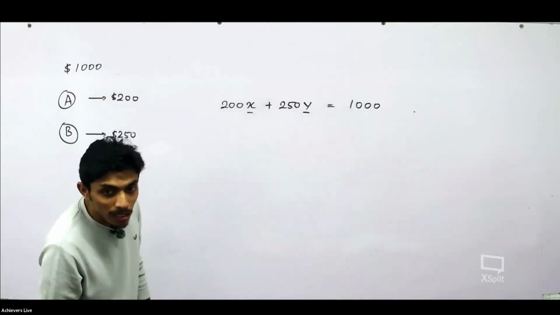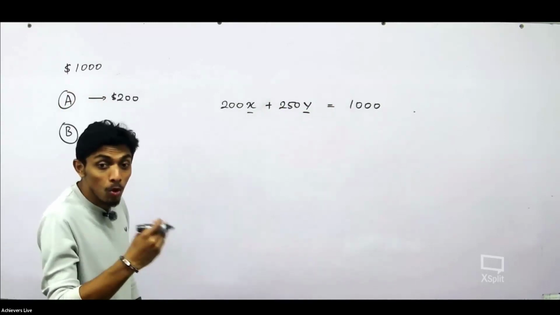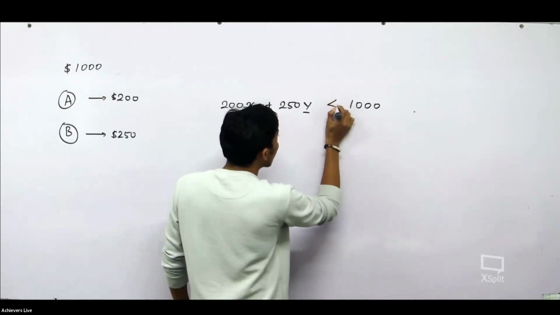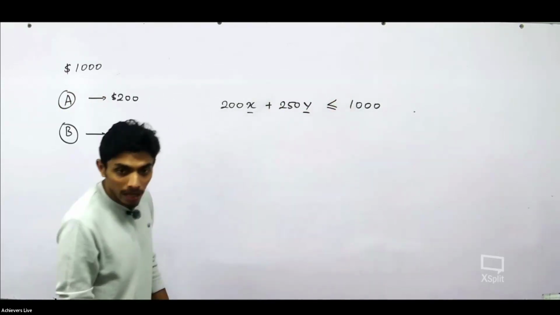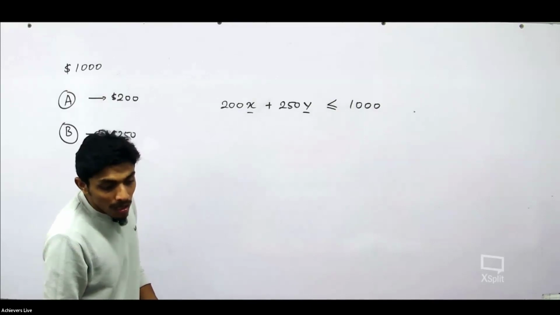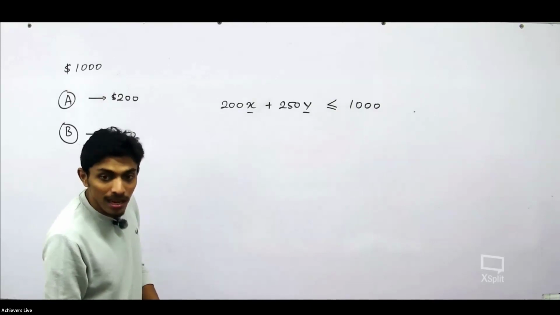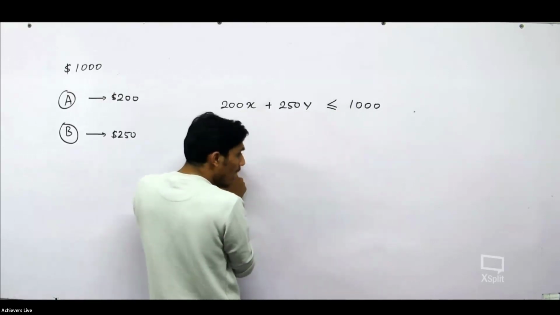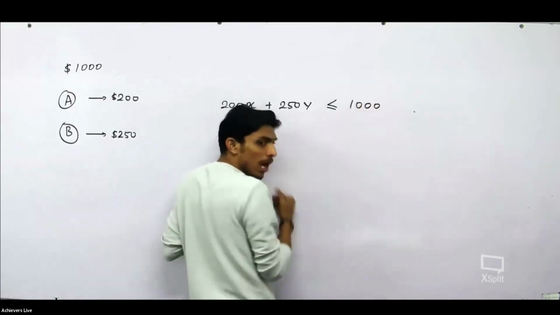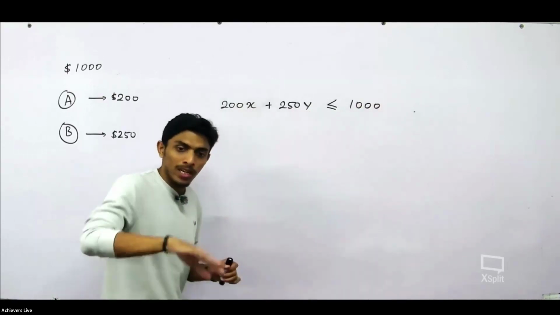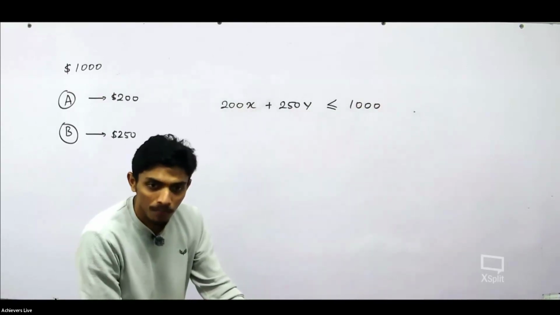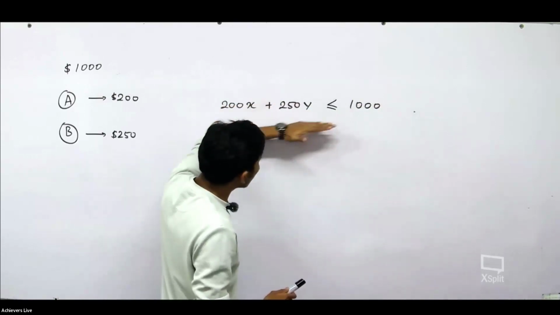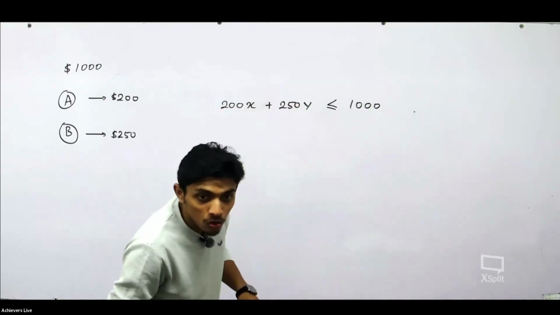In a better way, it should be equal or less than 1,000, which means in order to purchase these X and Y products, you can spend up to 1,000. Maximum you can spend 1,000, but you can spend less than 1,000 also. It's up to you, right? So it will be 200x plus 250y equal or less than 1,000. Yes or no?